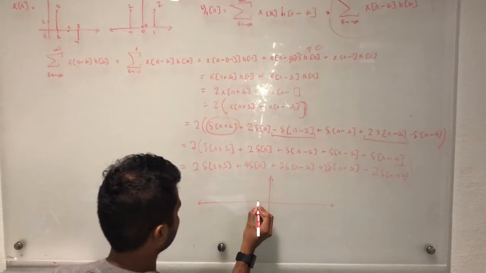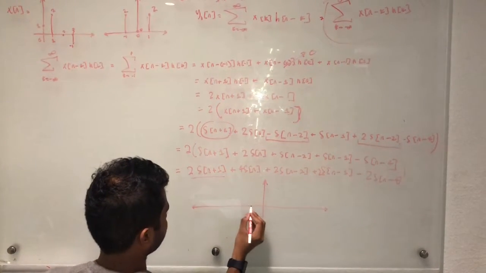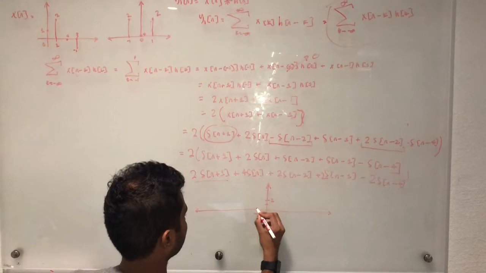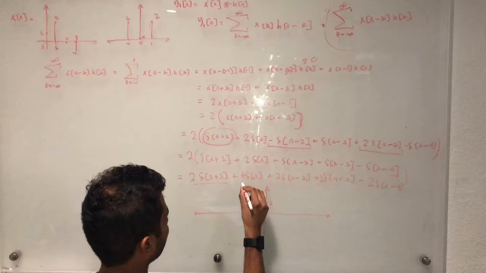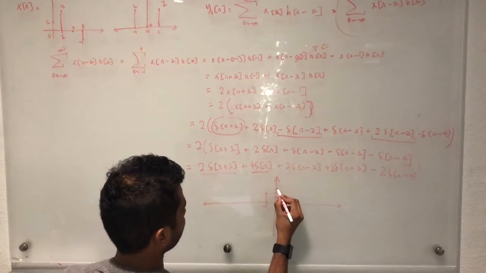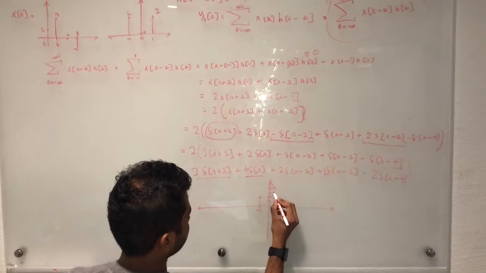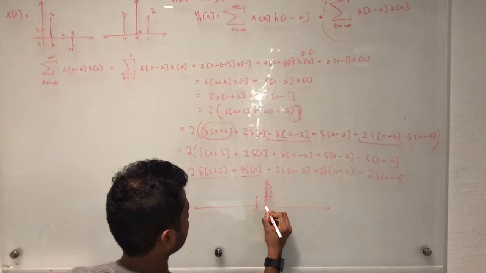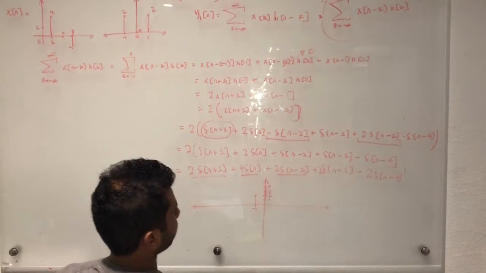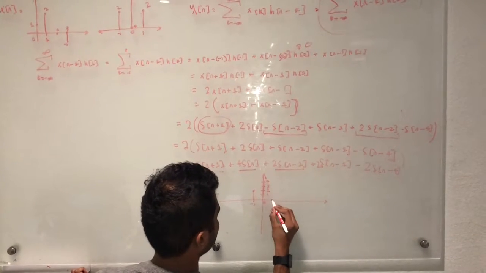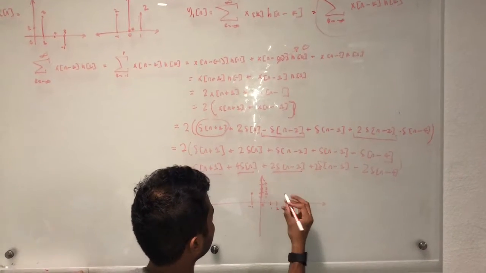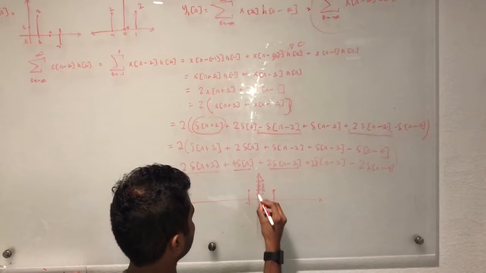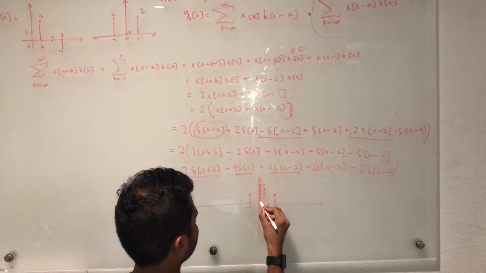Over here, this function would be plotted out like this. Over here, this function would be plotted out like this, and over here, this function will be plotted out like this. Make this darker.